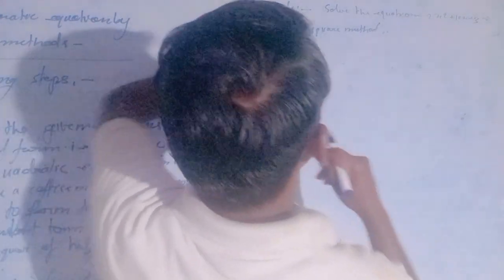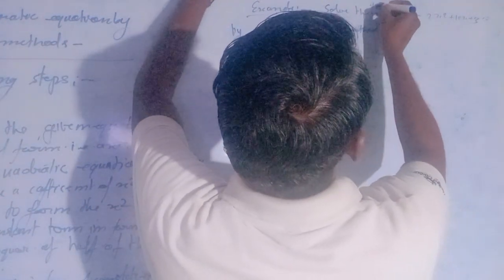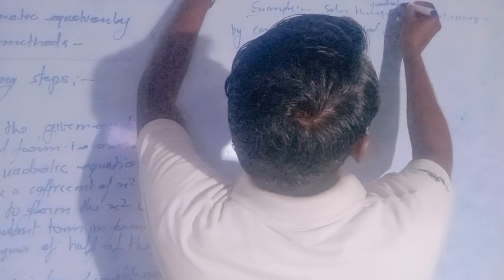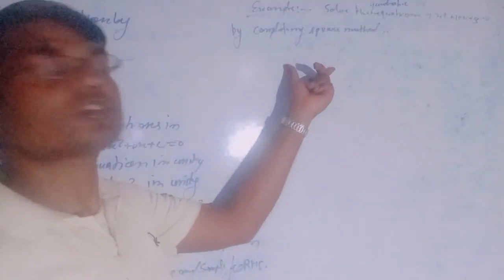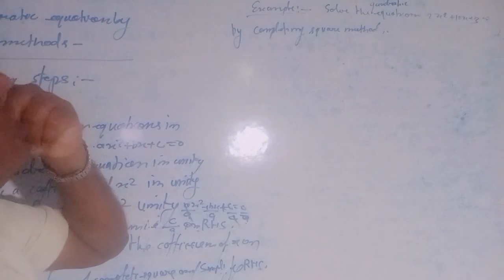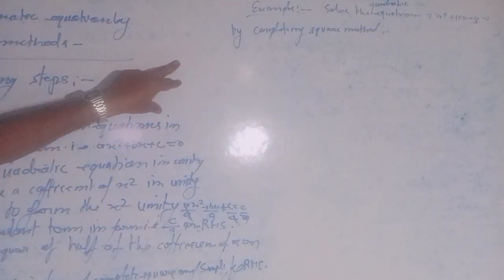Okay, so solve the quadratic equation 2x square plus 10x plus 3 by the completing square method.